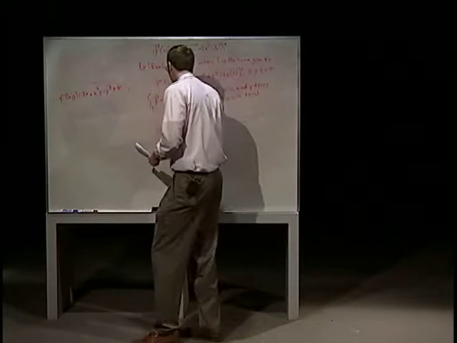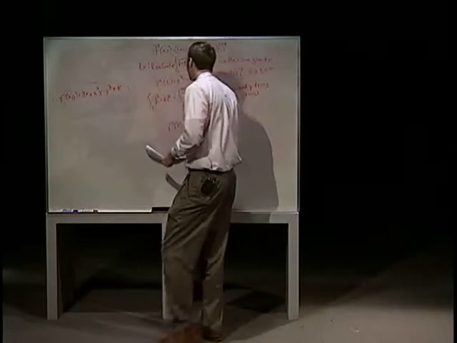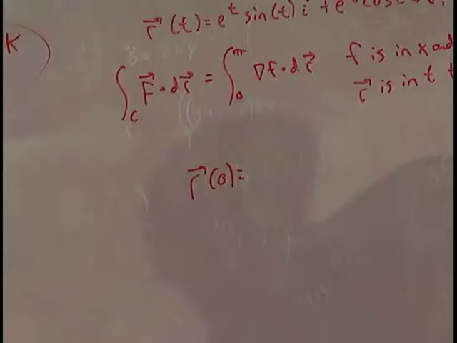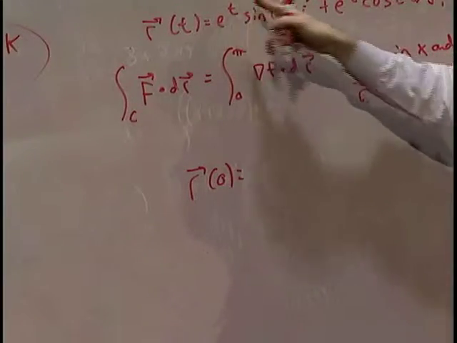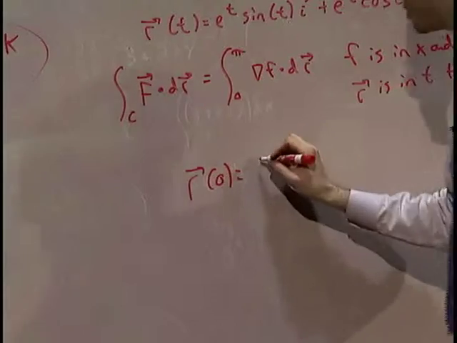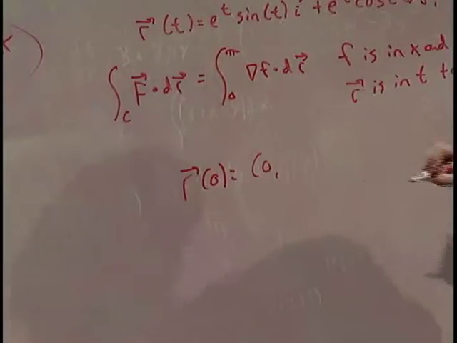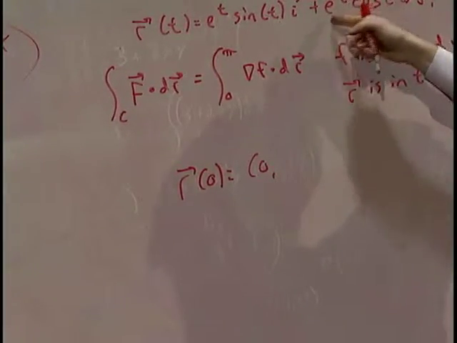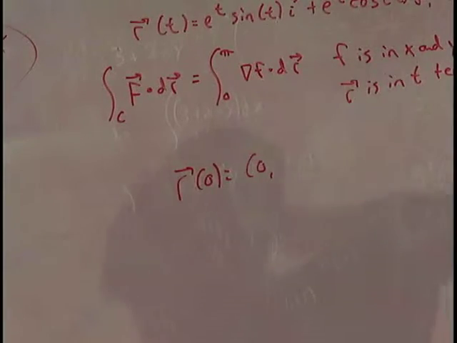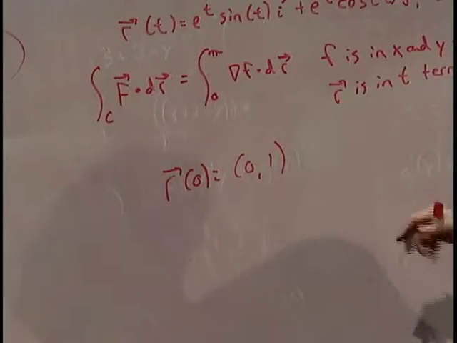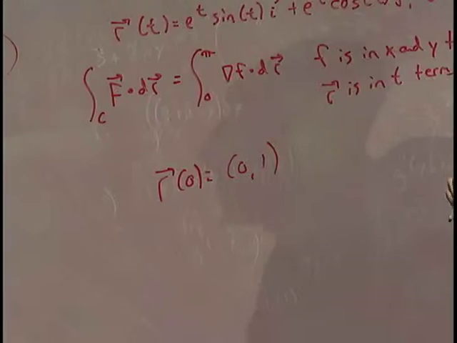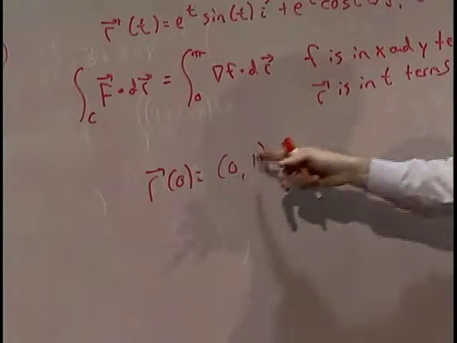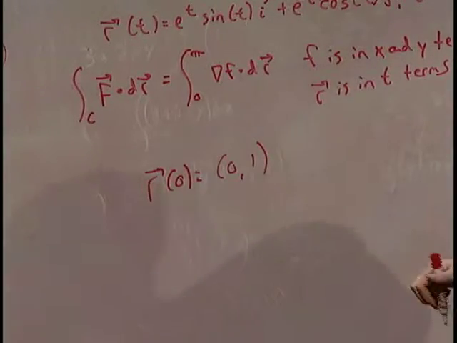So in other words, when I plug in 0 to r, I get e to the 0 is 1, sine of 0 is 0. So I get 0, and e to the 0 is 1, and cosine of 0 is 1, so this is just 1. So along this plane curve, r of t, when I plug in t equals 0, this is the point I sit at. Okay?